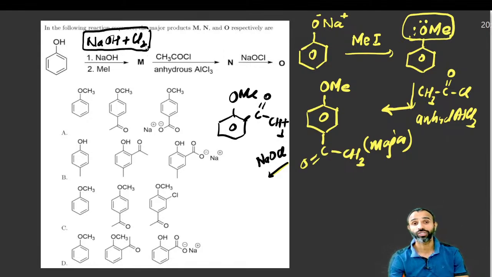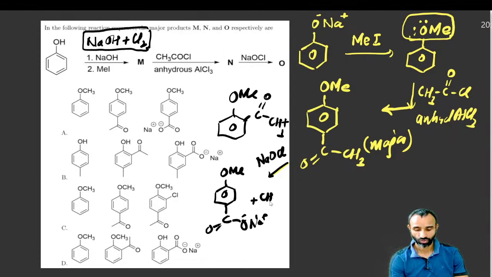It is chloroform reaction. This is chloroform reaction, and we get C double bond O Na along with CHCl3. From this we get the COONa and CHCl3.